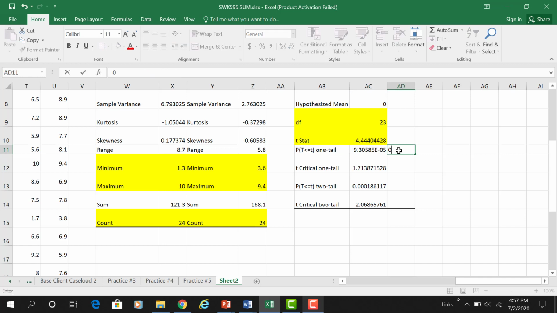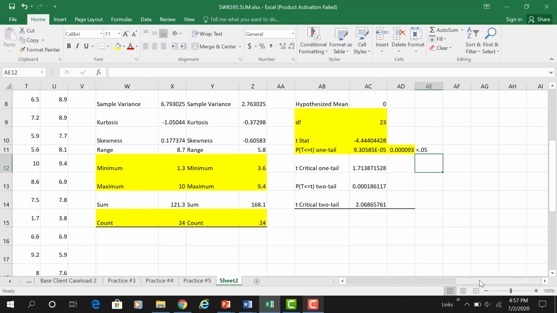So it is 0.0000093. As we can see, our p-value is less than 0.05, so that means it's significant.